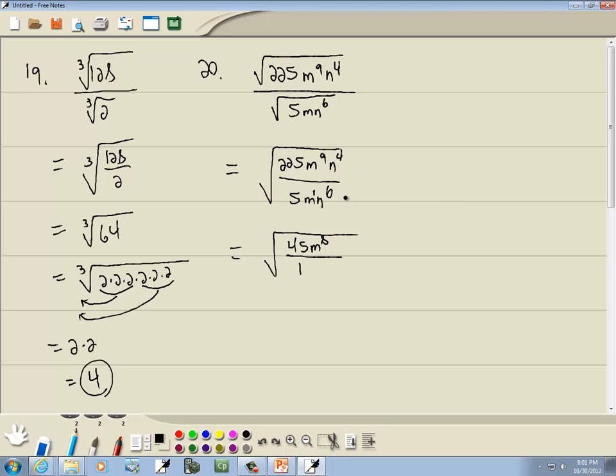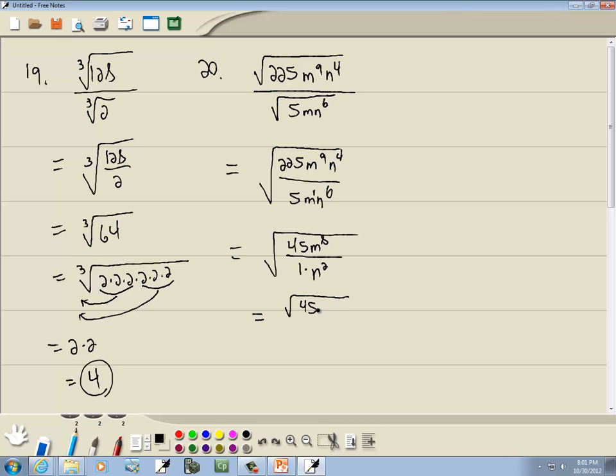Now the n's. I got n to the 4th over n to the 6th. I'm going to subtract a smaller exponent from a larger one. 6 minus 4 gives you 2, and you're going to have n squared where the larger exponent was, which was downstairs. So we're putting it in the denominator. Okay, that's as much simplifying as we can do, so let's split them back apart.